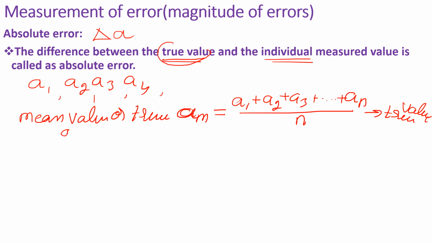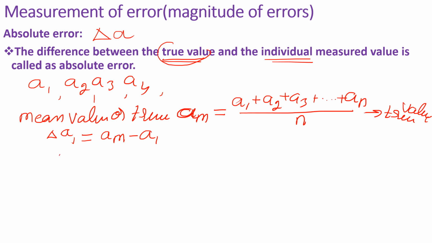The absolute error in the measurement of the first value, that is delta A1, is equal to the difference between the true value, that is AM, minus the individually measured value, A1. That is delta A1, the absolute error in the measurement of the first value.